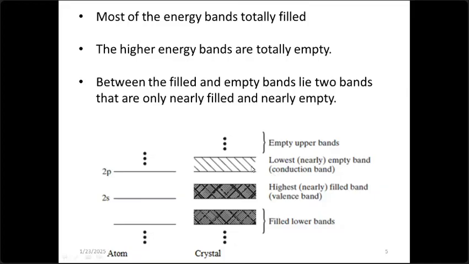For a single atom, we can easily get the electronic configuration. But in solids, where there are millions of atoms, we talk of energy bands.